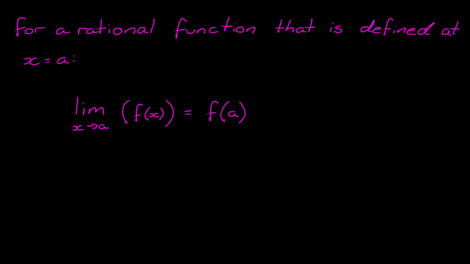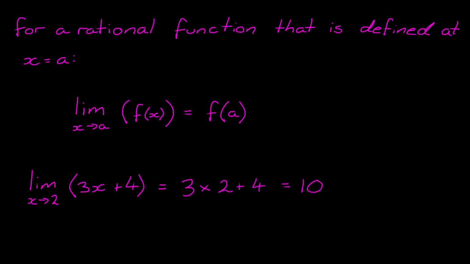For any rational function that is defined at x equals a, the limit of that function as x approaches a is just given by the value of the function at that point. So in our previous example, the limit of 3x plus 4 as x approaches 2 could have been evaluated simply as 3 times 2 plus 4 equals 10.